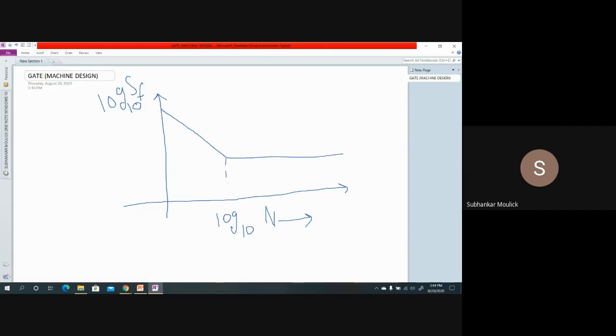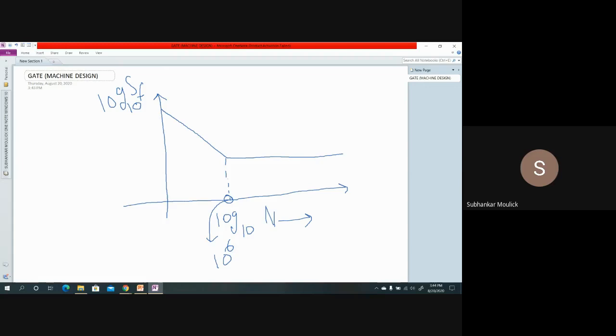This particular value will be 6 because this particular value is 10 to the power 6. That means log base 10 of 10 to the power 6 is nothing but 6.